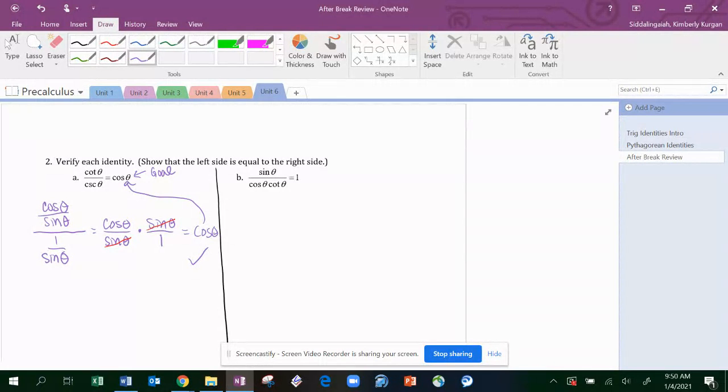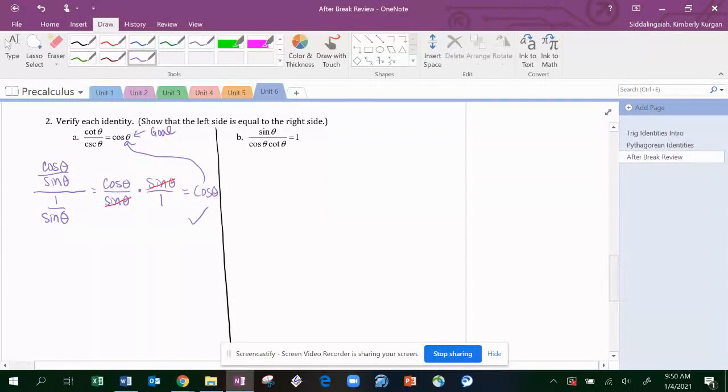All right, let's look at the next one so that this video stays somewhat short. So sine divided by cosine times cotangent. Okay, so we have sines and cosines, but that cotangent really makes me want to rewrite it in terms of sine and cosine. So I'm going to get fractions within fractions again. I'm going to write cosine as cosine over 1 because I know cotangent is cosine over sine.